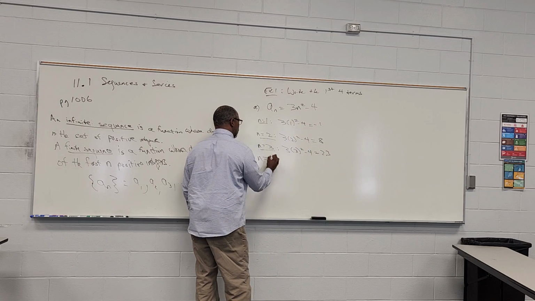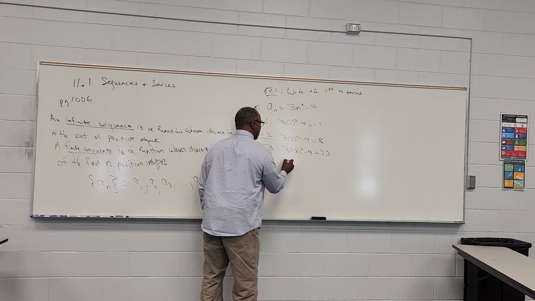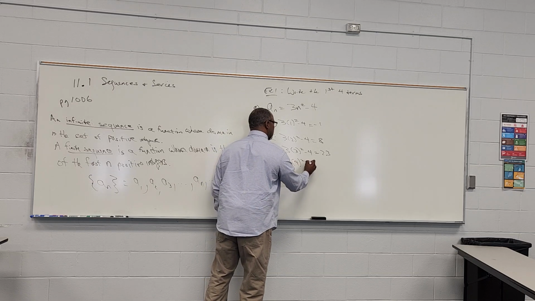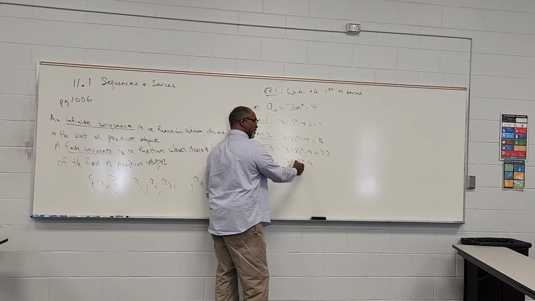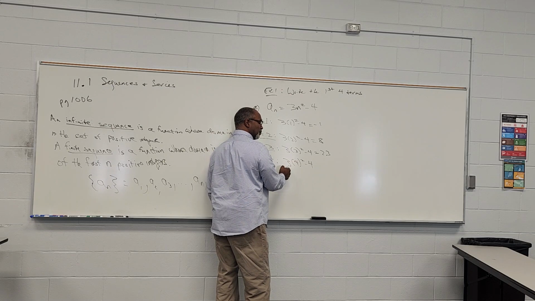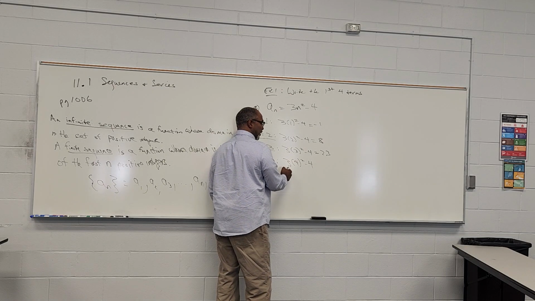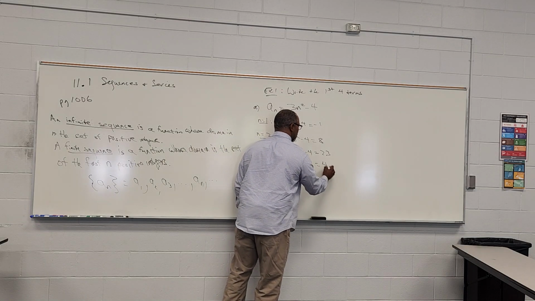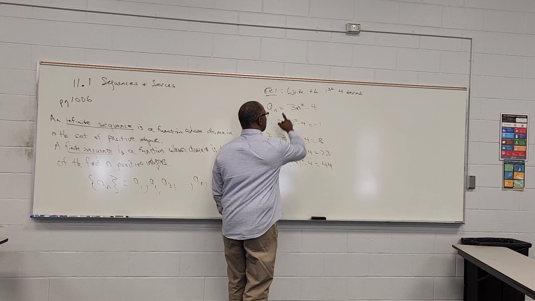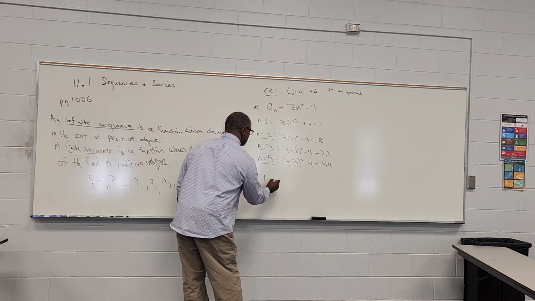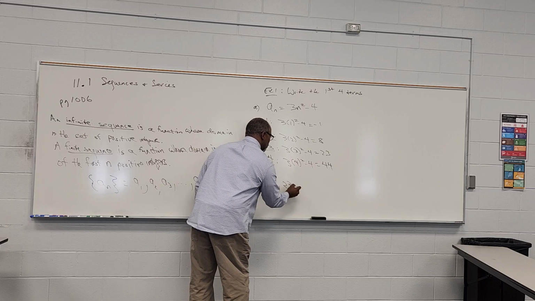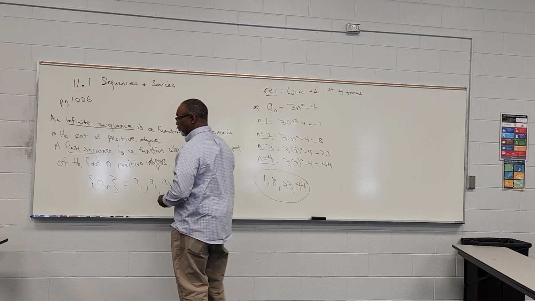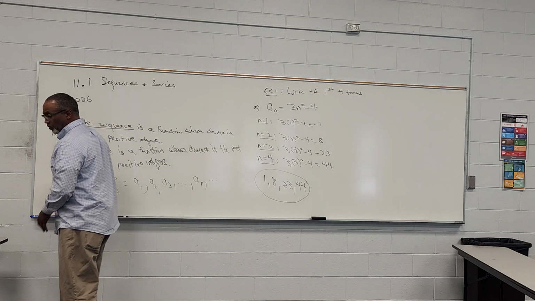And when n is 4, I'd have 3 times 4 squared minus 4. 4 squared is 16, 16 times 3 is 48, 48 minus 4 is 44. So the first 4 terms would be negative 1, 8, 23, and 44.